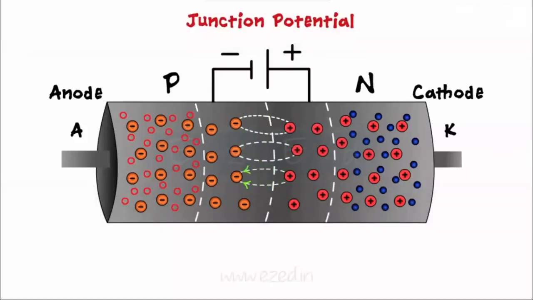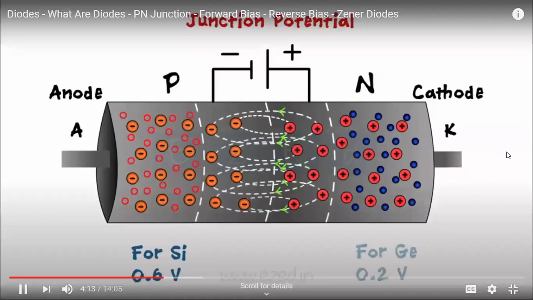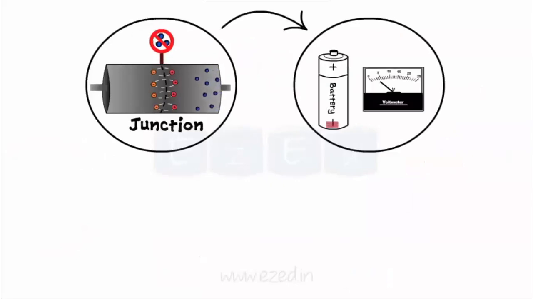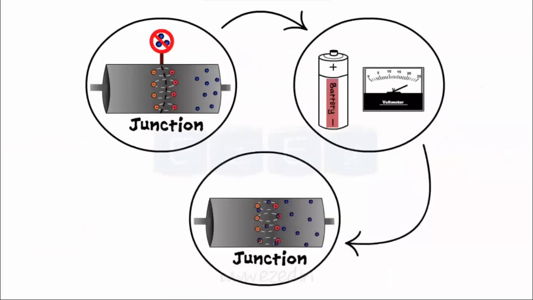Junction potential is 0.6 volts for silicon and 0.2 volts for germanium. Junction potential restricts electrons from crossing the junction further. When external voltage greater than the junction potential is applied to these electrons, they overcome the opposition of junction potential.